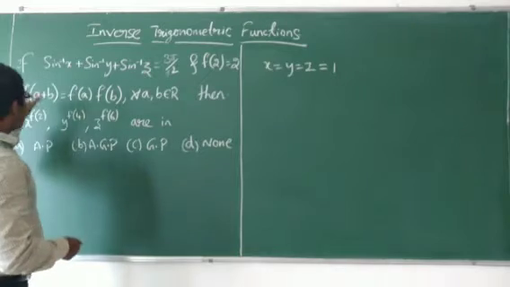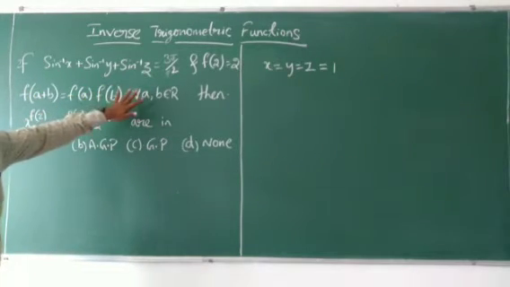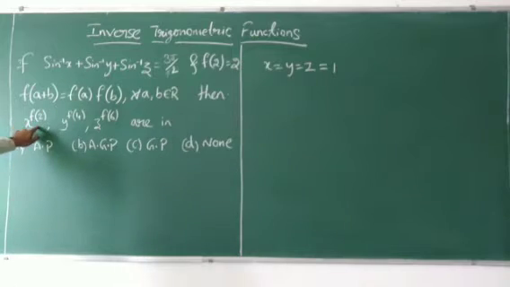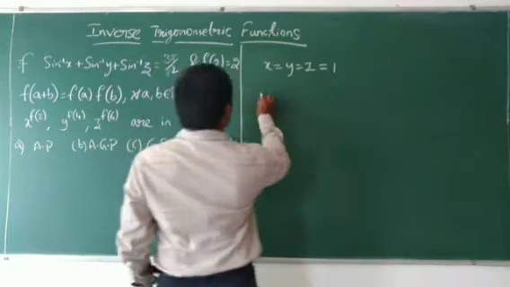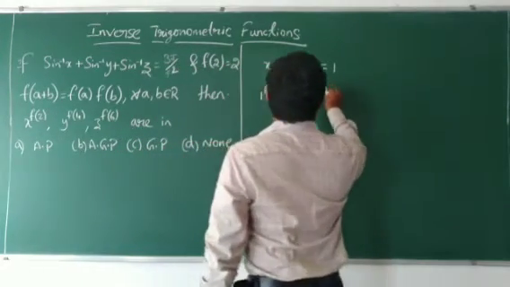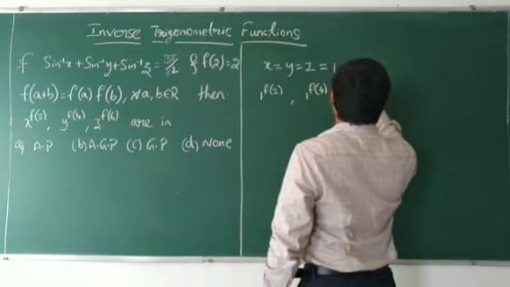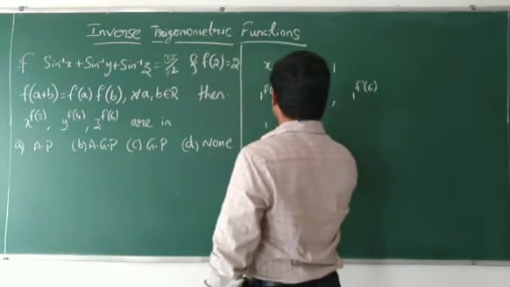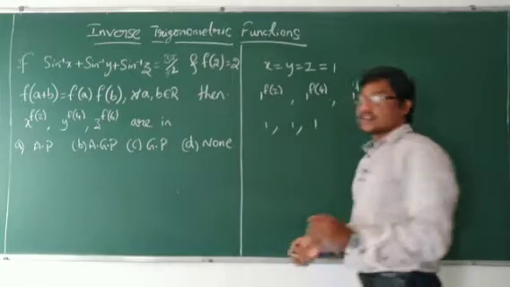We do not need these values at all. We are not going to make use of these values, because 1 power anything will be 1 itself. So 1 power f of 2, 1 power f of 4, 1 power f of 6 is equal to 1 itself.